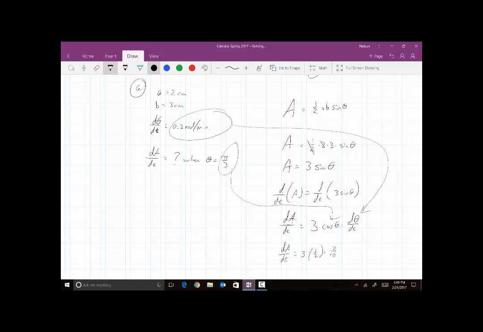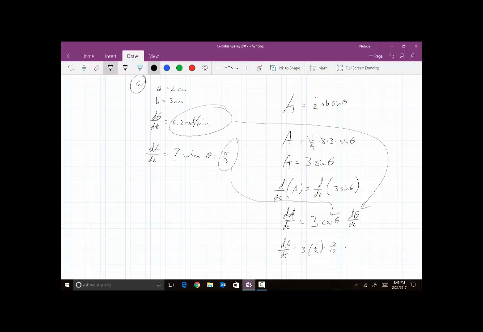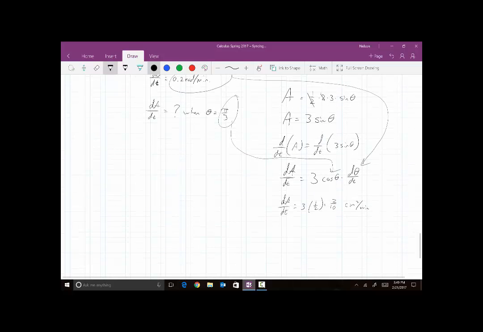The 2's cancel, you get 3 over 10, so the answer is 0.3 square centimeters per minute.